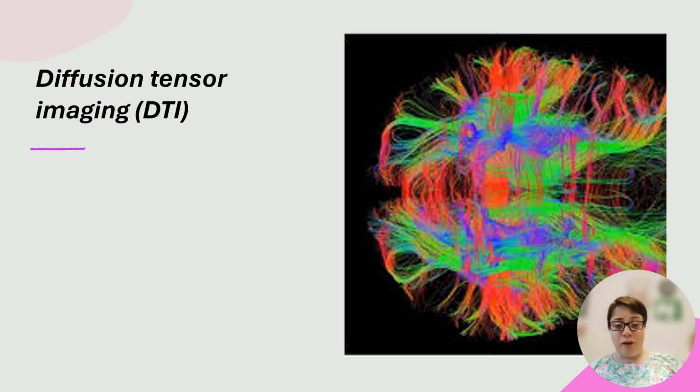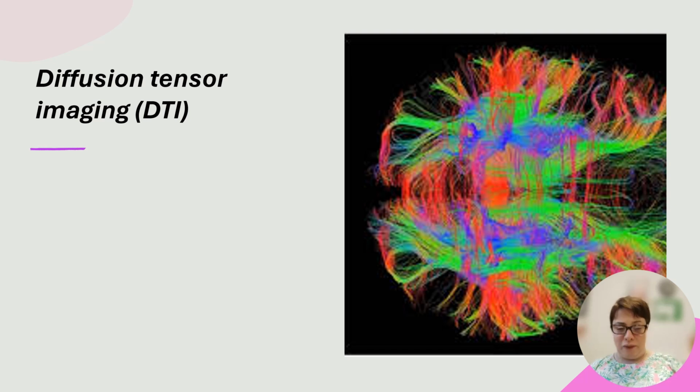So for example, Dick and colleagues in 2014 looked at the white matter pathways that connect areas of the brain associated with language. These pathways, such as the arcuate fasciculus, are particularly involved in these processes.